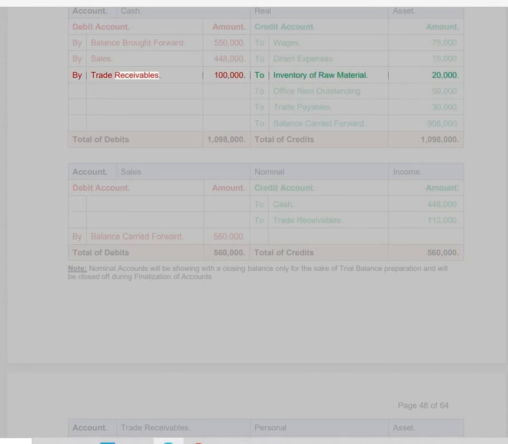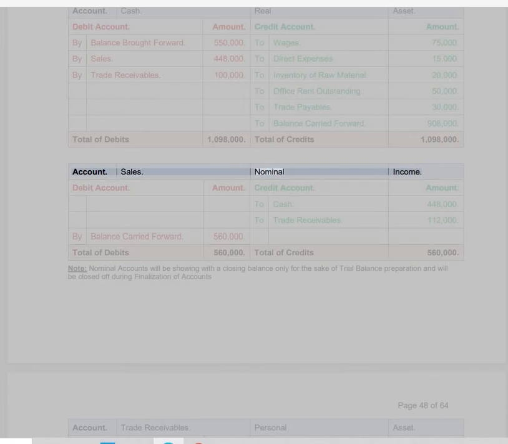By trade receivables, 100,000. To inventory of raw material, 20,000. To office rent outstanding, 50,000. To trade payables, 30,000. To balance carried forward. 908,000, total of debits 1,098,000. Total of credits 1,098,000.